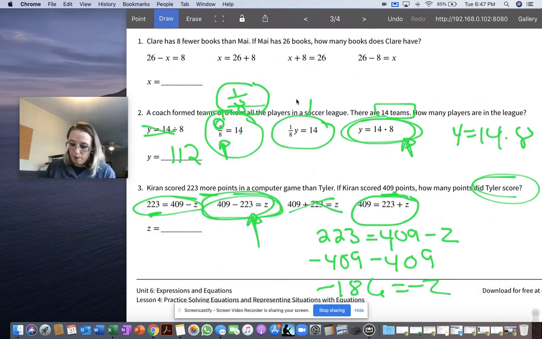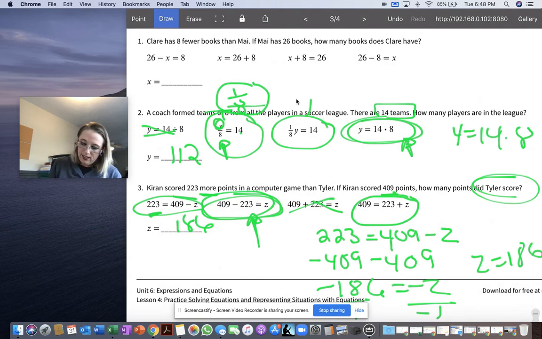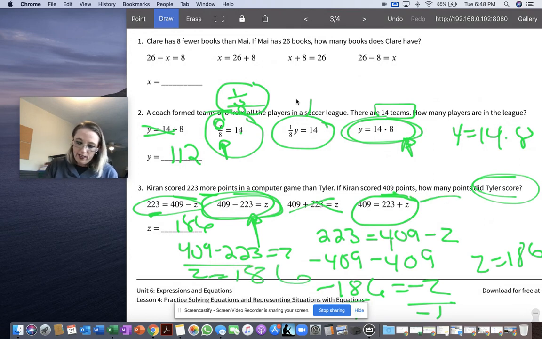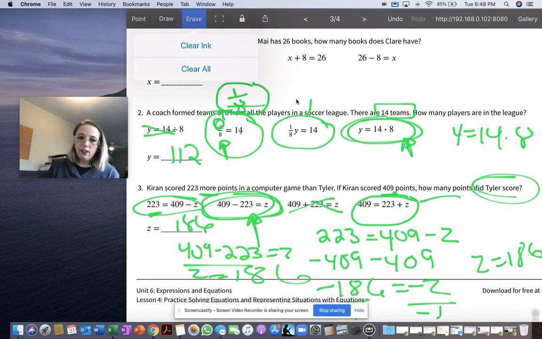So you're going to basically divide by -1, divide by -1, and z is going to equal 186. So if you say 409 minus 223 equals z, you'll see that z also equals 186. And then I'm going to erase real quick to do the last one.